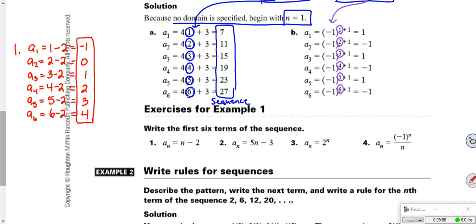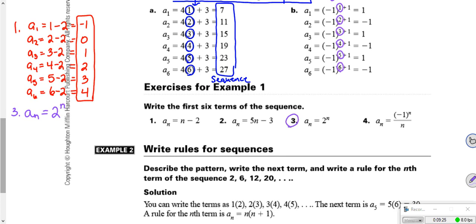Let's do number 3. I'll do it over here. Number 3, we have a sub n equals 2 to the n. I want to do this one because it's pretty common, and I want you to be able to recognize what this does to the numbers. This tells me that the first term is 2 to the first power. The second term is 2 to the second power.